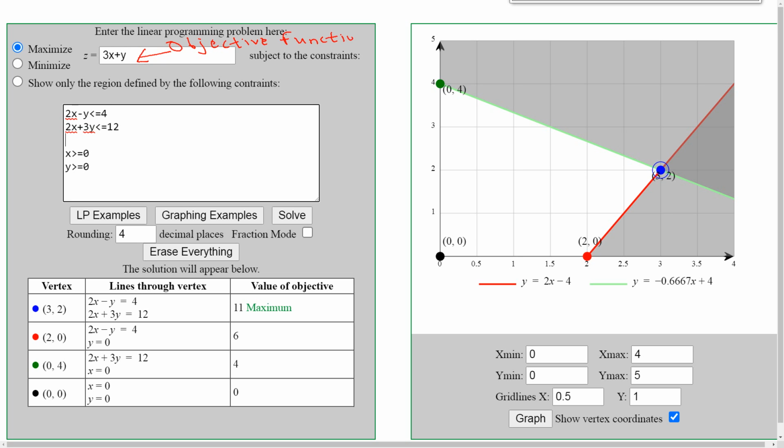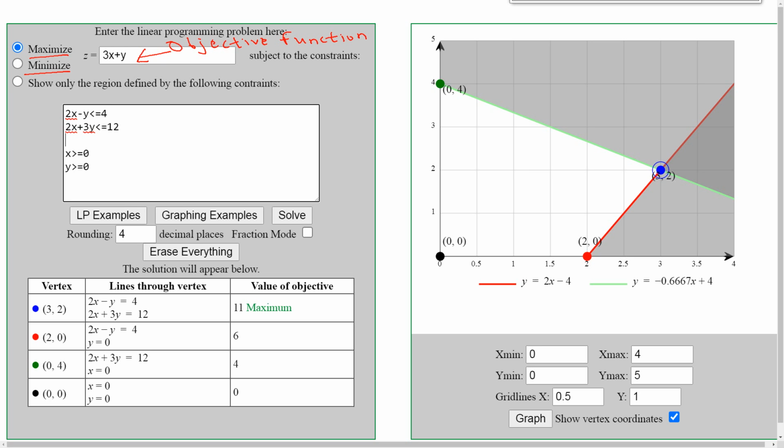So the problem is to maximize or minimize the objective function, which is a linear function of two variables.